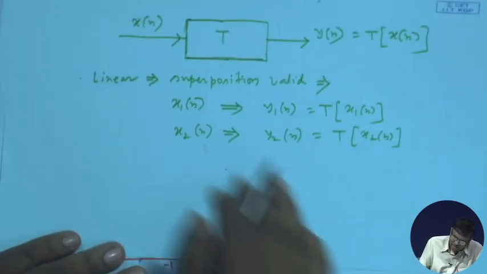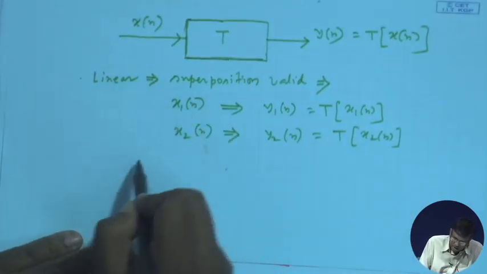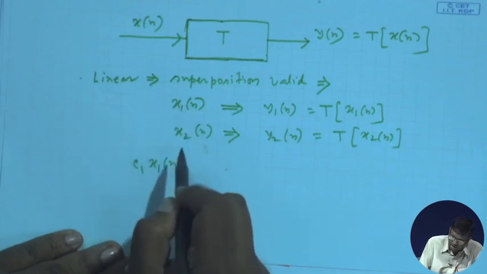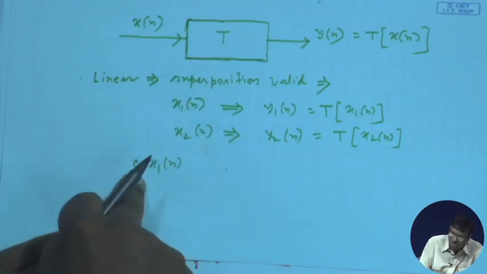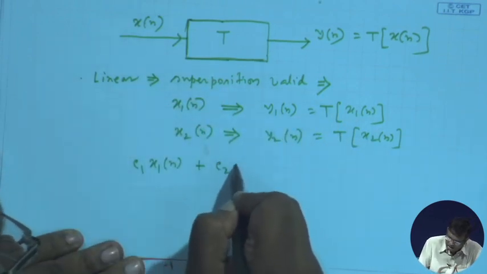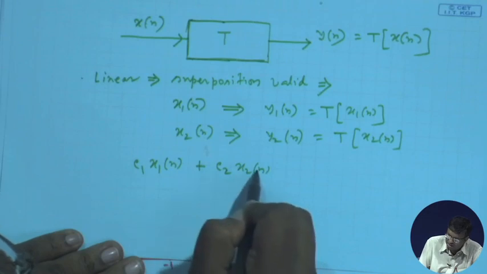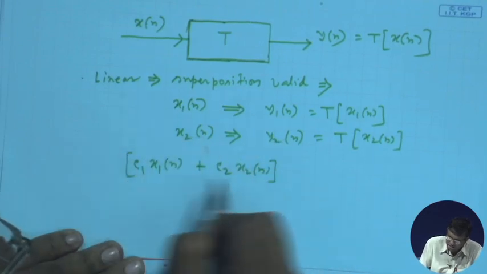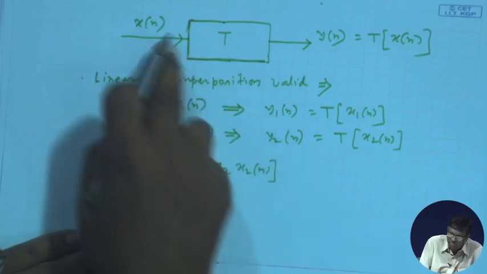In that case, if I make one linear combination, some constant C1 times x1n, means every sample multiplied by some constant C1, and C2 x2n, and then the two sequences are added, and I give this to the input.